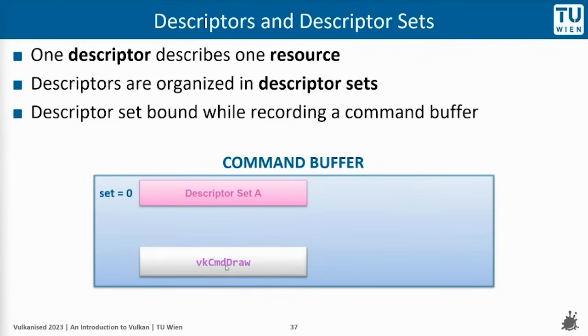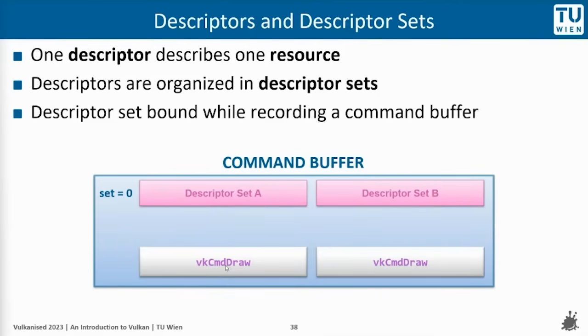In this case, one descriptor set has been bound before recording the draw call, and for another draw call, let's assume we record that later into the command buffer, and before recording that second draw call, we would like to bind different descriptors maybe. So descriptor set B and descriptor set C in that example here on the slide. So this is the overall picture.